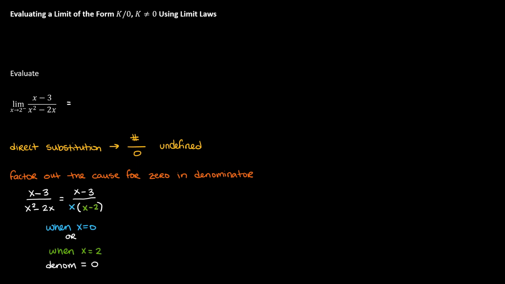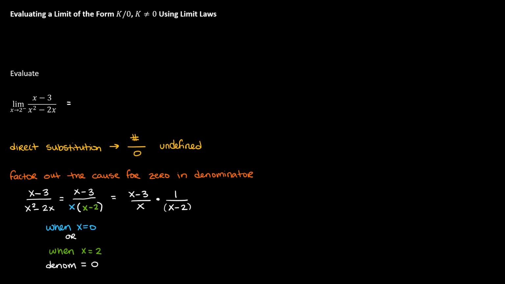We can see that if x is equal to 0, our denominator will be 0, or when x is equal to 2, our denominator will be 0. In this case, the x equals 0 factor isn't causing a problem because our limit is approaching 2, it's not approaching 0. So it's that x minus 2 factor that's causing the 0 in the denominator.